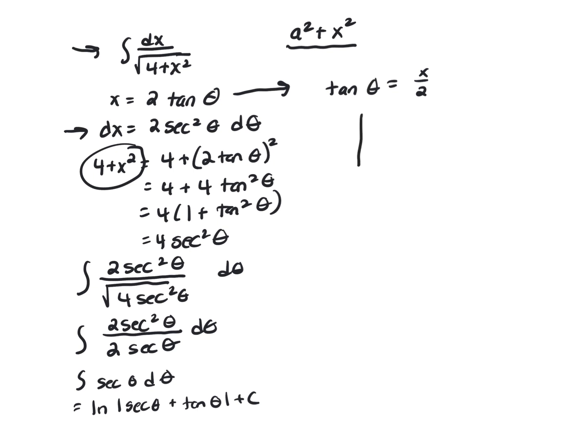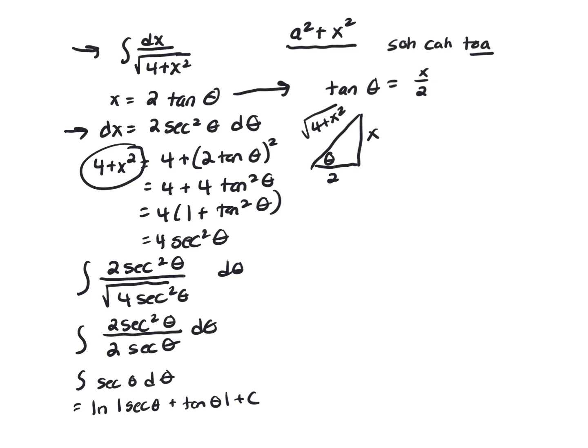Now draw a triangle, a right triangle. And this is theta, and we know SOH CAH TOA. Tangent theta is x over 2, opposite over adjacent, x over 2. And if you use the Pythagorean theorem with legs being 2 and x, your hypotenuse will be the square root of 4 plus x squared.